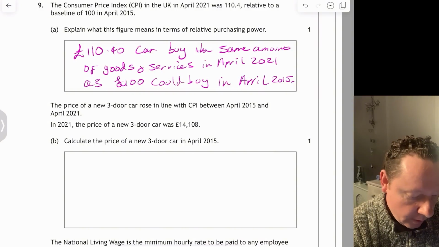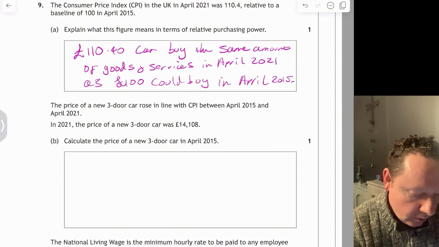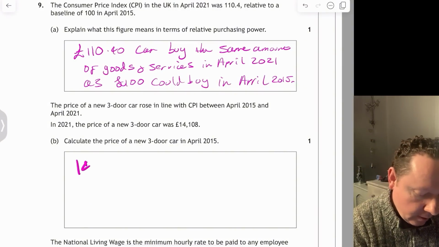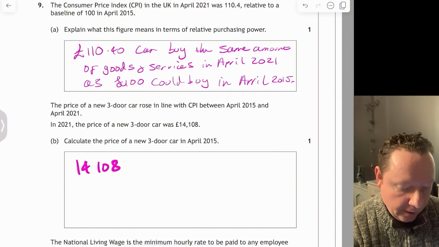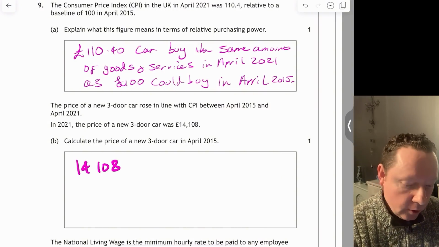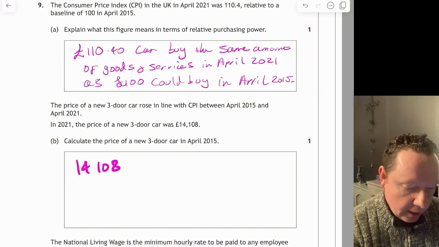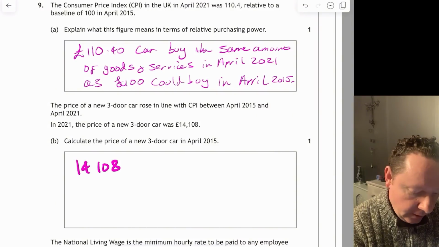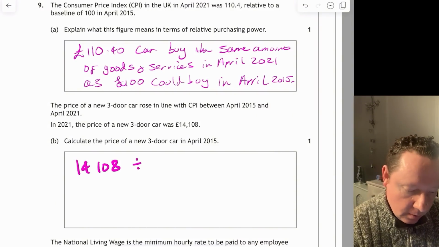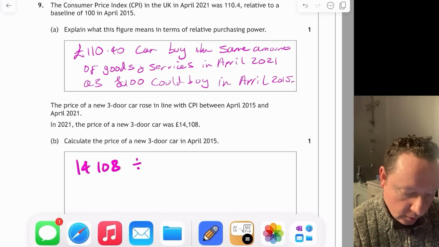2015 and April 2021. In 2021, the price of a new 3-door car was £14,108. Let me take a note of that. 14,108. Calculate the price of a new 3-door car in April 2015. So the consumer price index relative to 100 is 110.4. I need to divide, because I'm going back to the original, by 110.4 over 100.